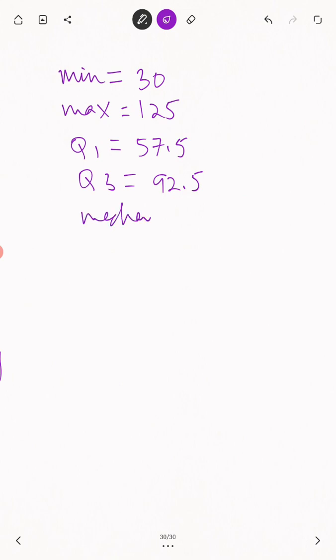Median, which is also sometimes called Q2, is 67.5.